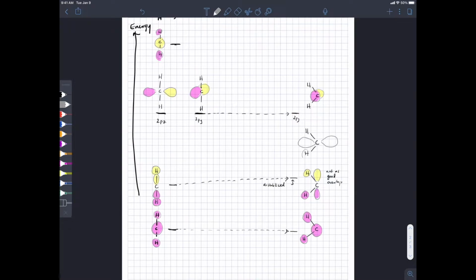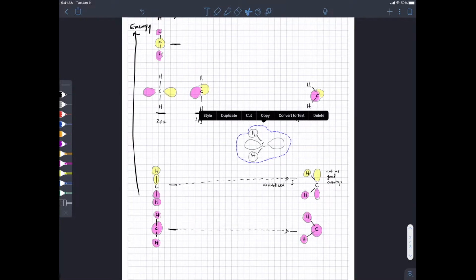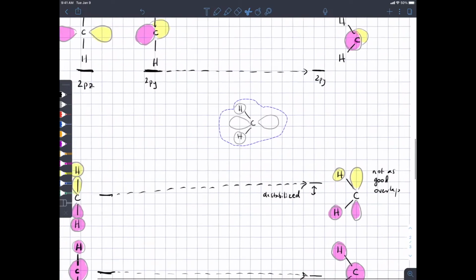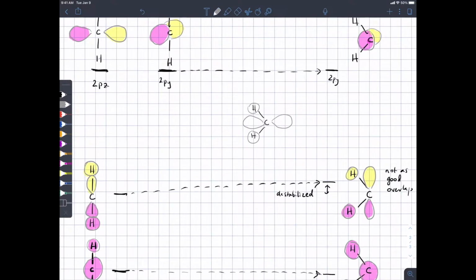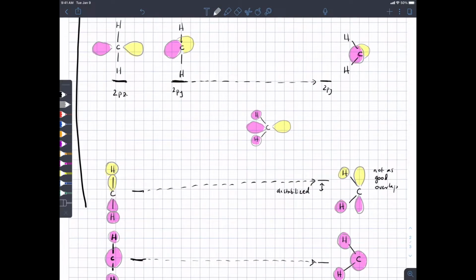Suddenly that lobe on the back can overlap with the hydrogens. So let's represent this with pink here and here and here, and maybe yellow there. I'm going to write this one in the middle because it's not the final orbital that we get. We have to do one more thing. But yeah, the 2pz orbital goes down a whole lot in energy because we get new overlap.